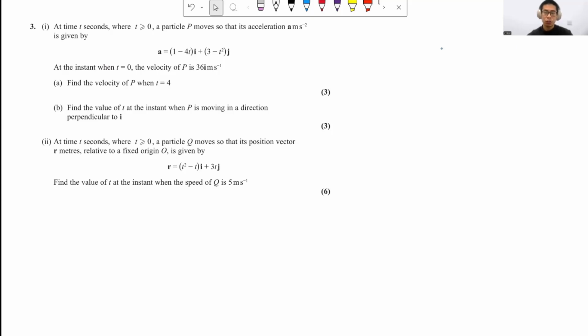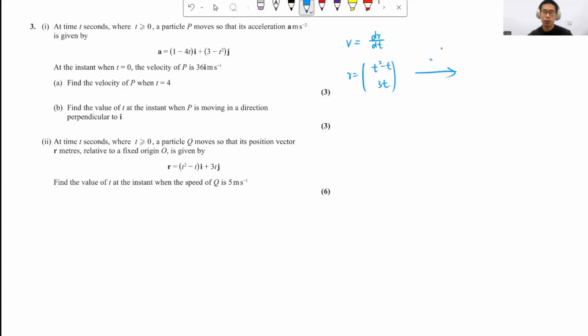5. So first we can differentiate because the velocity is the derivative of displacement. So dr over dt will give us the velocity. So r is equal to t squared minus t for the i component, and then 3t for the j component.